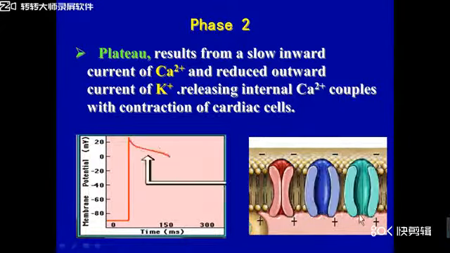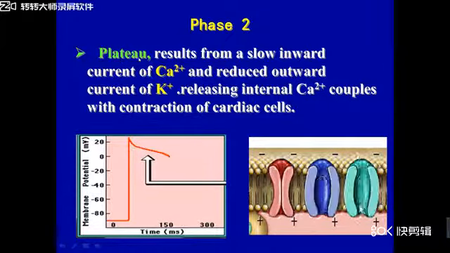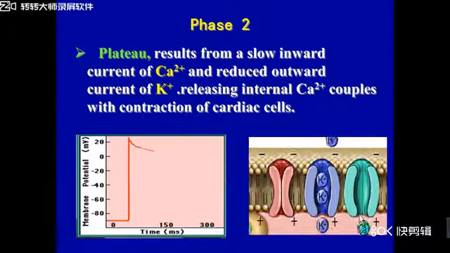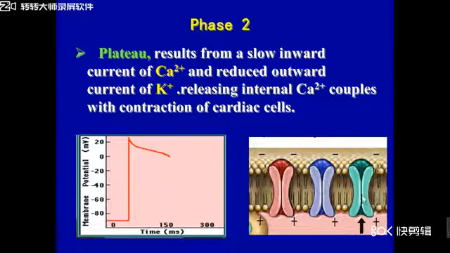Next one is phase 2. We also call phase 2 the plateau. Phase 2 results from a slow inward current of calcium and a reduced outward current of potassium, releasing internal calcium that couples with contraction of cardiac myocytes.